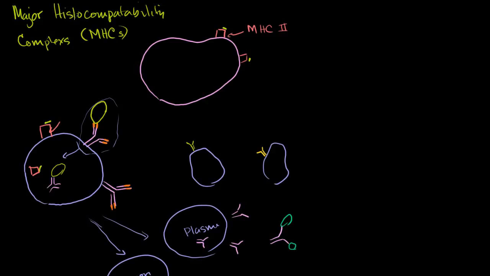And just so you know, histo means tissue. So this is related to whether something is compatible with the tissue in your body. We'll talk more about that and how it relates to transplants and all of that. So this is also an MHC class 2.